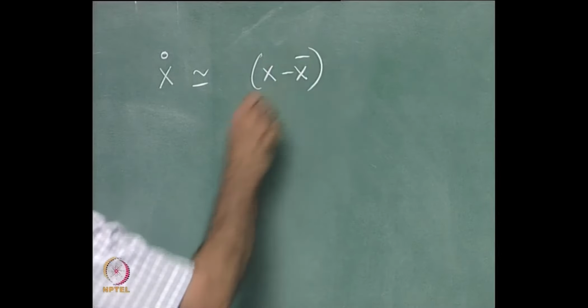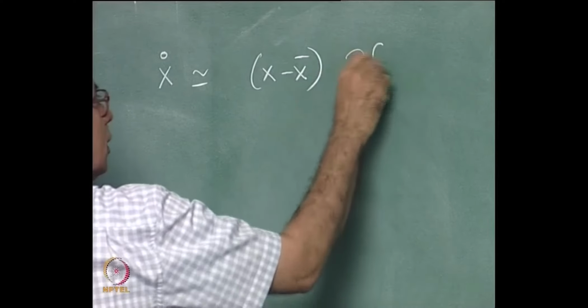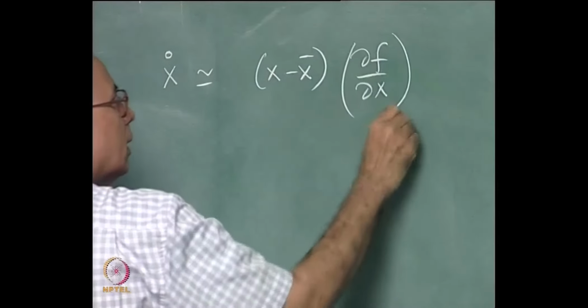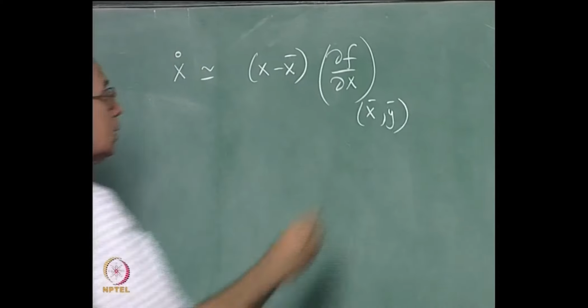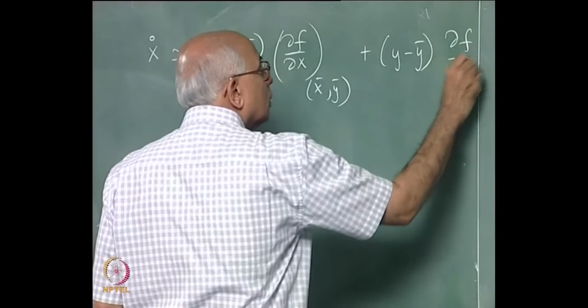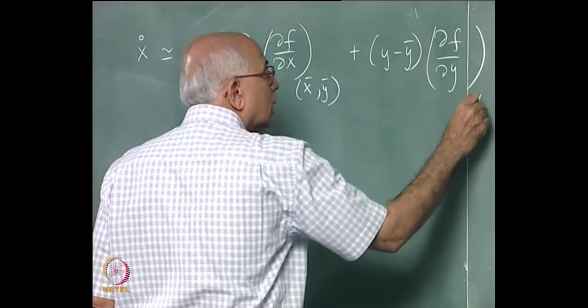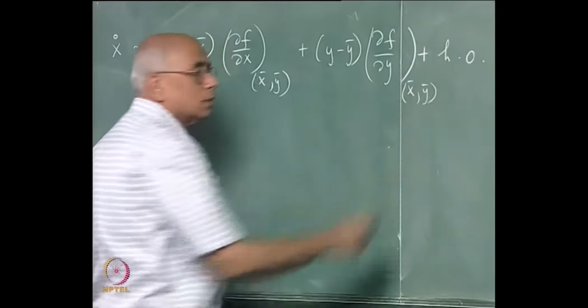It would be linear in the difference x minus x bar, this would be the first term. So it is x minus x bar times the coefficient. What would be the coefficient of the linear term? It is the partial derivative delta f over delta x evaluated at x bar y bar, plus a similar expansion in y, delta f over delta y evaluated at x bar y bar, plus higher order terms.